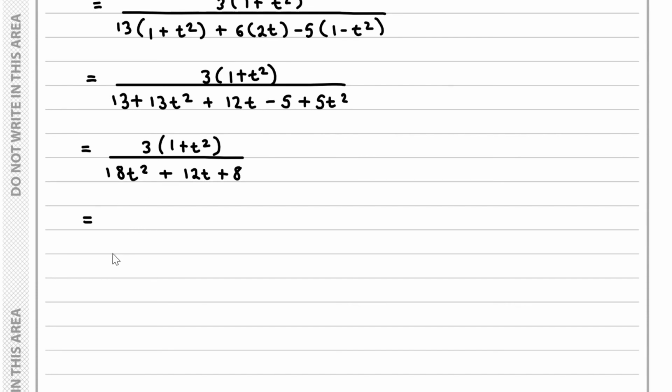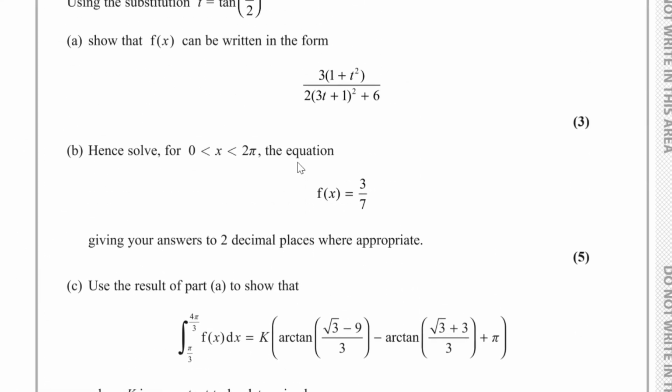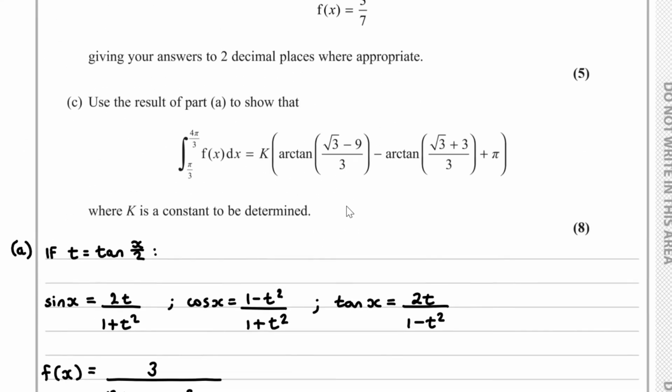So we can rewrite the bottom as 2 lots of 9t squared plus 6t plus 1 plus another 6. And the reason for that is 2 lots of 9t squared gives the 18t squared, 2 lots of 6t gives the 12t, and then we've got 2 times 1, which is 2, plus the 6, that gives the 8. And this square bracket is the 3t plus 1 all squared.